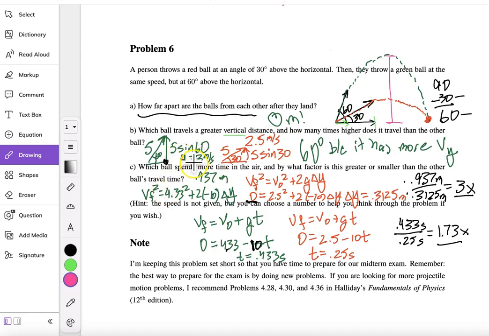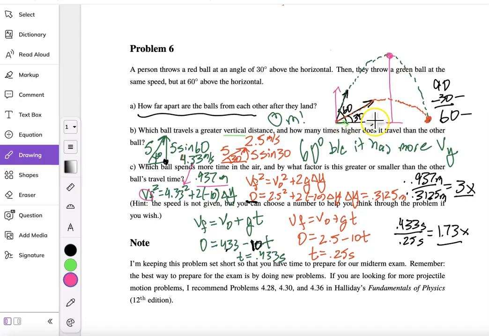If we put that speed up into the third kinematics equation, and we know that the speed at the top is 0, because when it goes up, this would be 4.33, and as it gets to the top there's no speed in the y direction, because we're only worried about one direction here, so that's 0. This is 4.33 squared plus 2 times negative 10 times our height, and that ends up being 0.937.